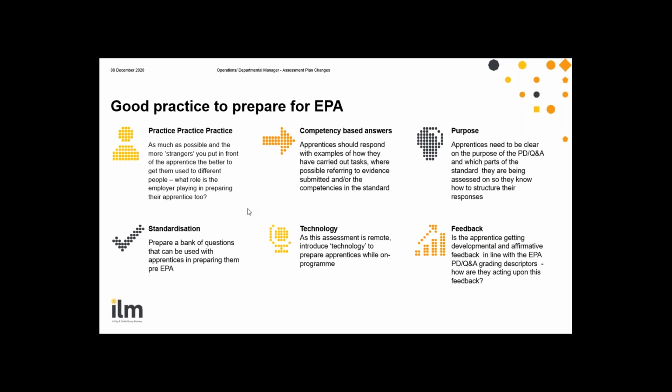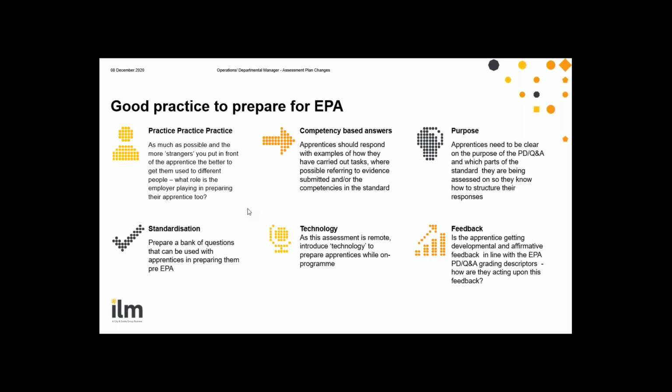Put them in front of a different tutor instead of you, to help them calm their nerves during the EPA itself. The questions will require competency-based answers, so apprentices should respond with examples of how they've carried out tasks. They need to use the word I, not we, and be clear about their role within that piece of work.